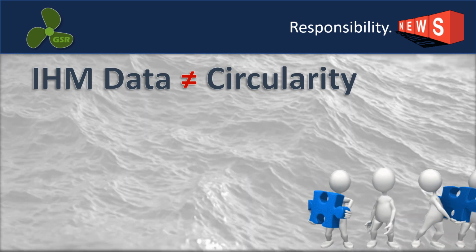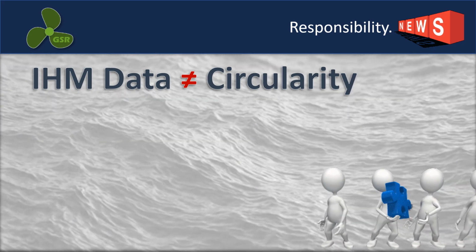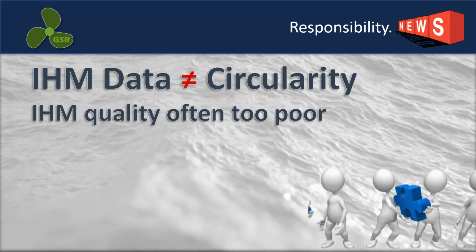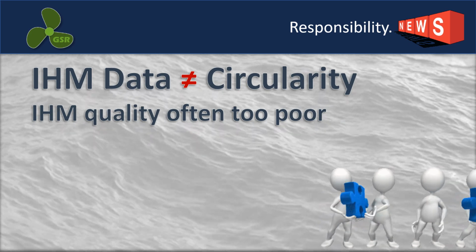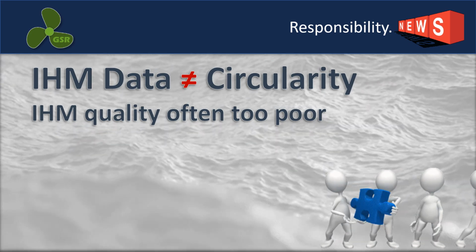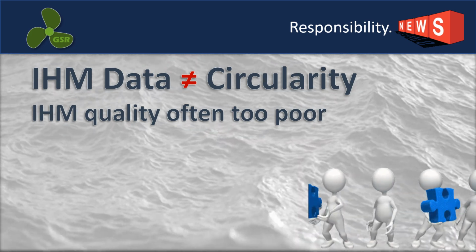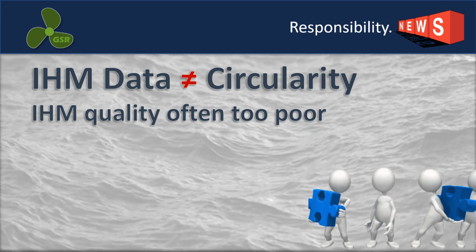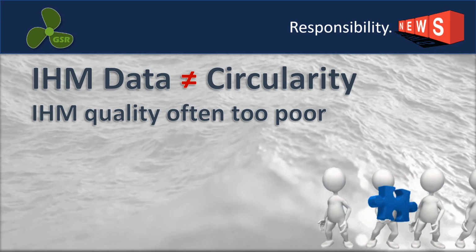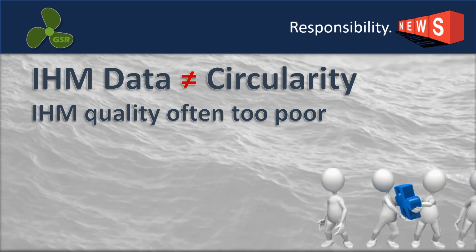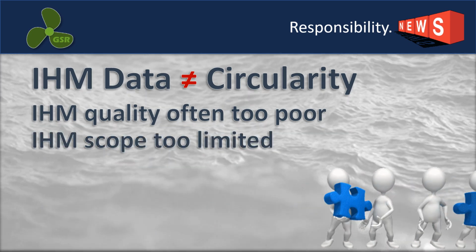So let's look into the IHM data and why it is not a circular option. First of all, we see that the IHM quality today often is very poor. The initial IHM has been developed with a lot of assumptions, with so-called PCHM entries, potentially containing hazardous materials, or some samples simply have not been taken, or there are some misinterpretations of the rules and guidelines.